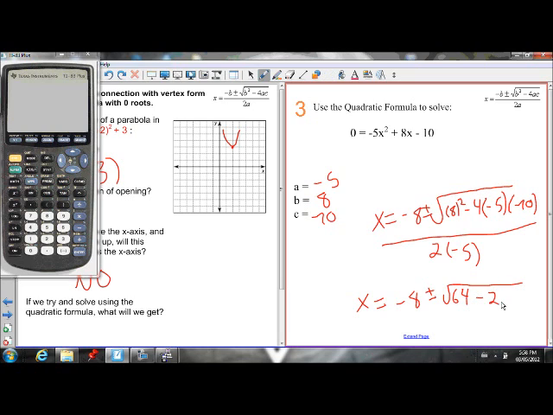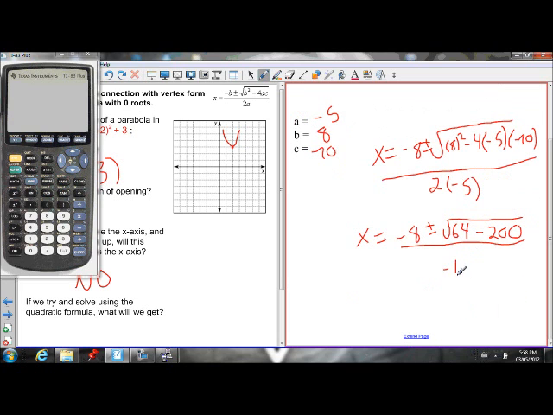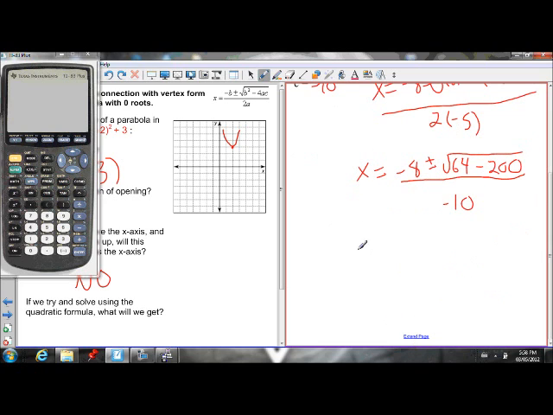So minus 200, all over 2 times -5, which is -10. Now what you'll see is x equals -8 plus or minus the square root of 64 minus 200, which is negative 136, over -10.